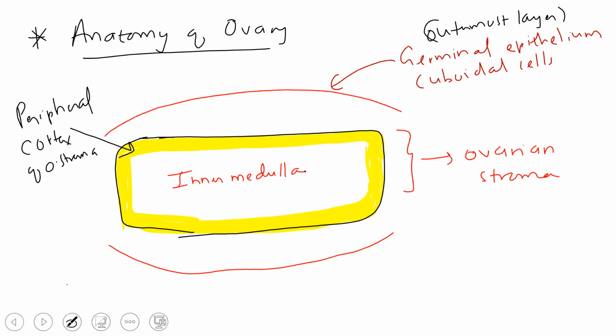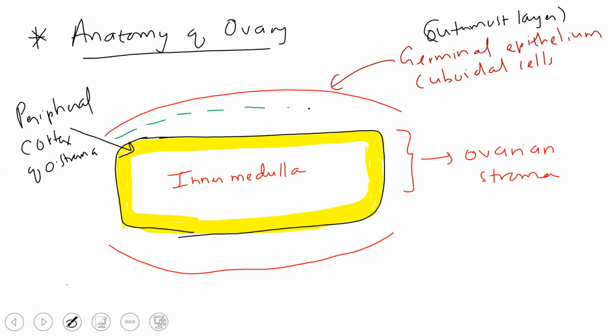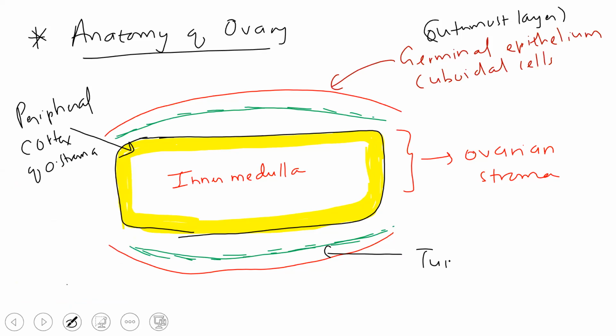There is also a layer in between which is not mentioned in the textbook, a secondary in-between layer, which I am showing by these green dots. It is referred to as the tunica albuginea.